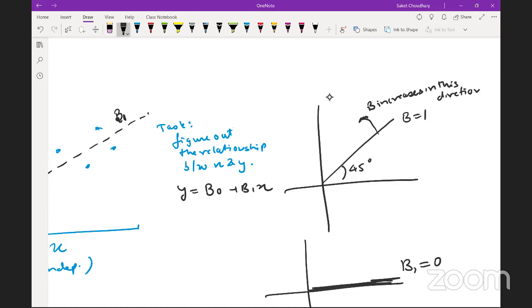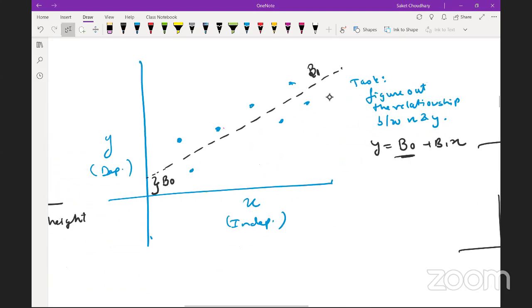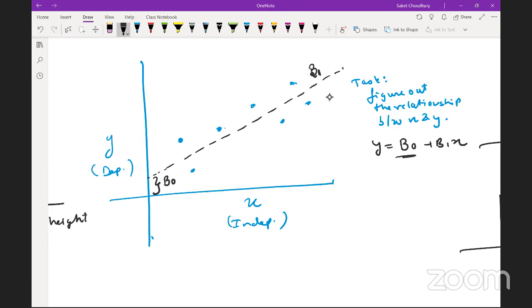This is what intuitively these coefficients mean. And your beta naught implies how much intercept it makes with the y-axis. Fair enough, but fine. I have a line, but how should I figure out this line?